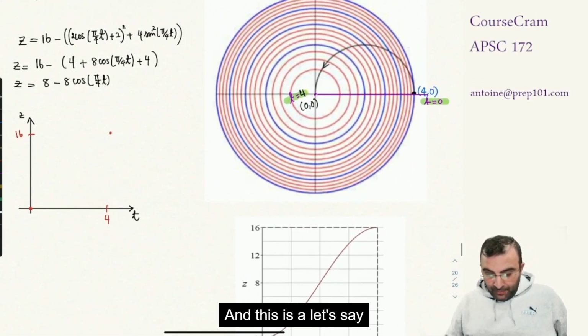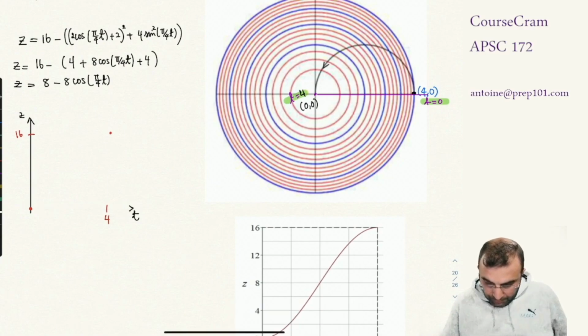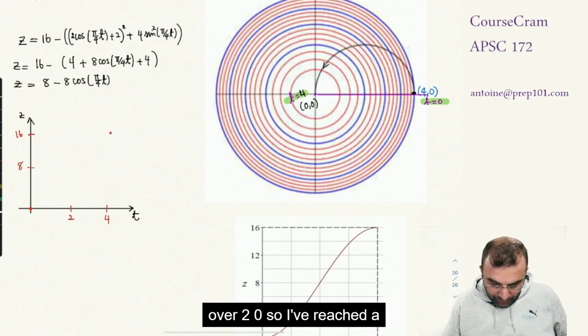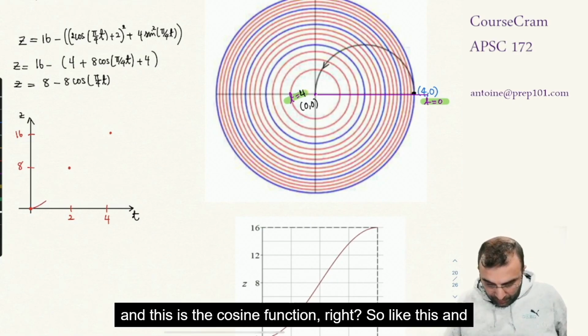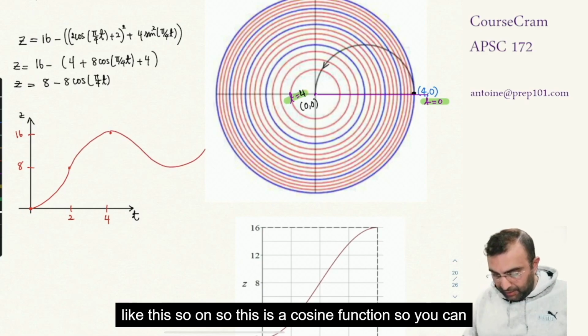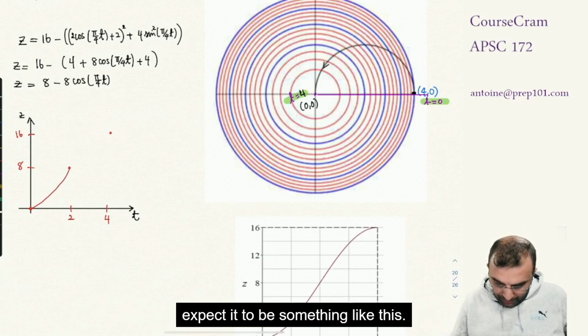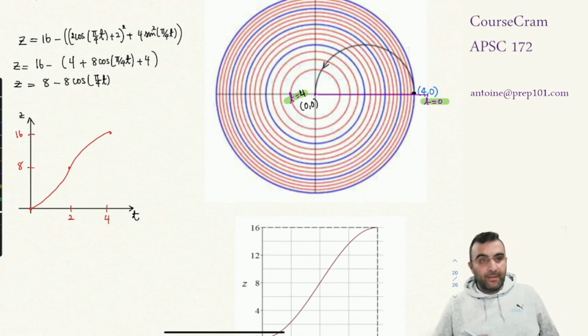And for t equals 2, that would be pi over 2, cosine pi over 2 is 0, so I've reached 8. And this is a cosine function, right? So like this, and then like this, and so on. So you can expect it to be something like this.